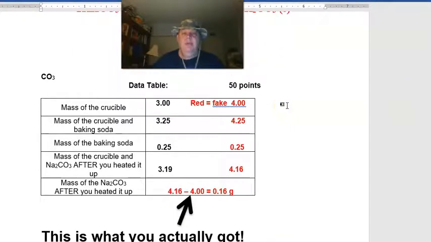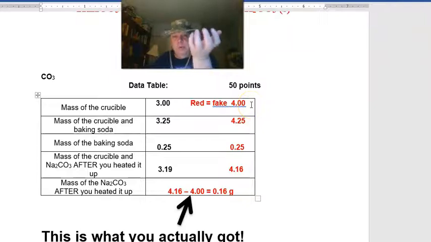So we're going to come up with new data. Again, the red is fake. It's written there: red equals fake. This is the real numbers you work with. If you already know how to work with the real numbers, go for it, but for those of you who need it, let's work with the red numbers.